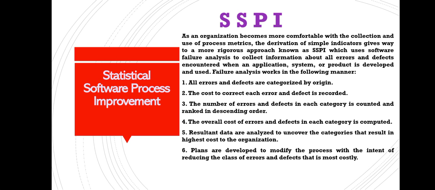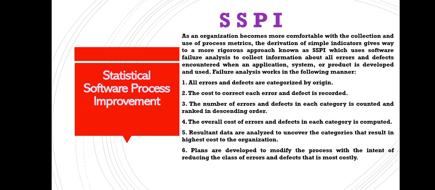The next analysis work is that the overall cost of errors and defects in each category is computed. Whenever the cost is imposed on a specific error or defect in every category, we need to compute such cost related to any project.